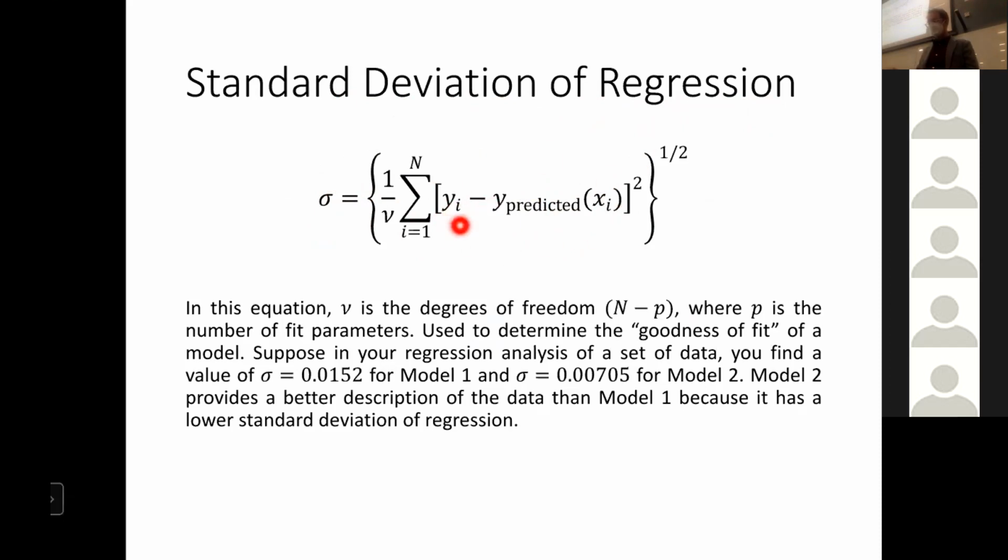The square of the observed value minus the value predicted by the fit model. Then you take the sum of the squares for each data point that you measured, divide by the degrees of freedom, and take the square root. And that's the standard deviation. That's the characteristic quantity by which each point differs from the fit model.